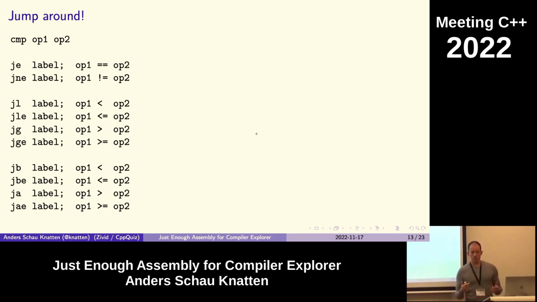And when an expression like that is executed, these flags get set. So if op2 is larger than op1, the result of the subtraction is negative, so the sign bit gets set. If they're the same, if you subtract the number from itself, you get 0, and then the zero bit gets set.